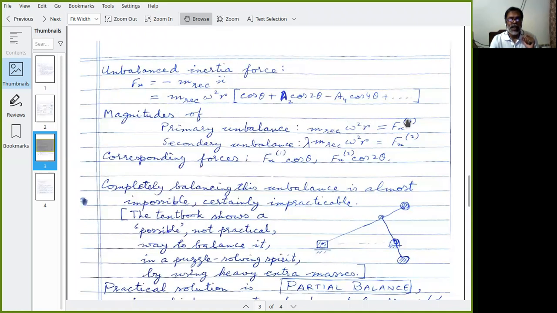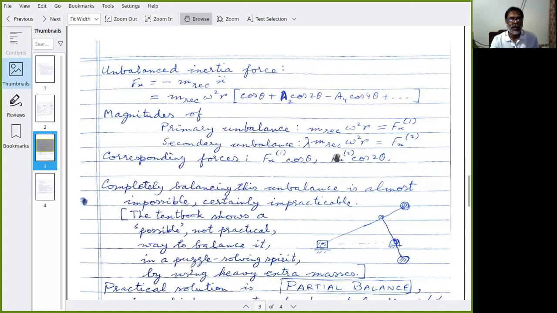And similarly, the magnitude of the secondary unbalanced force would be A2 times this. And as you recall, a good approximation of A2 is just lambda. So you can put lambda here for approximation, ignoring the terms in the series for A2 from lambda cube onwards.